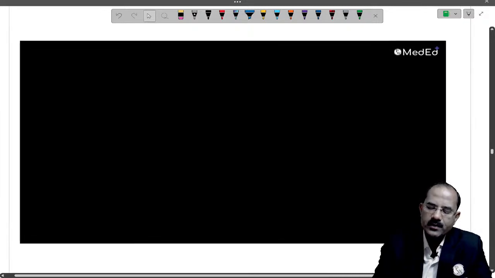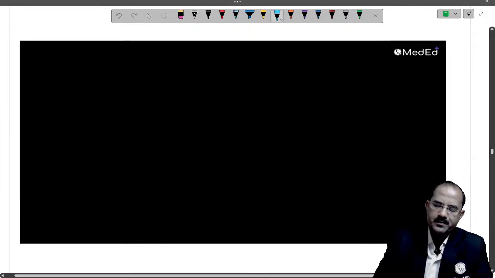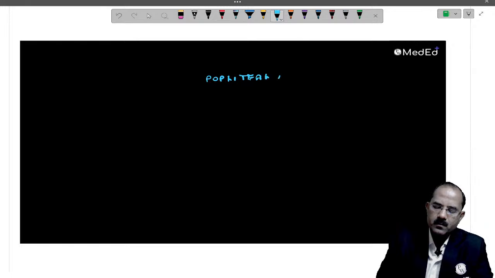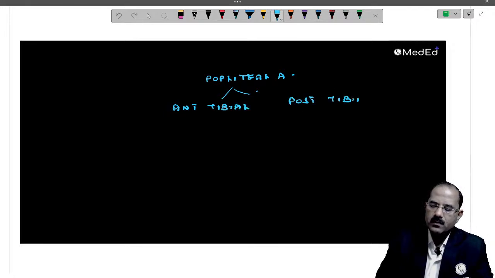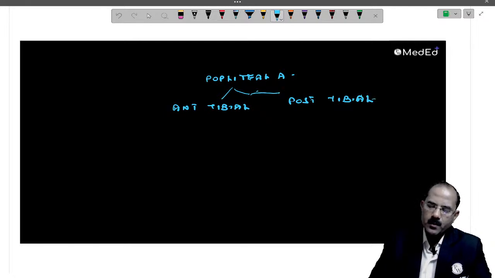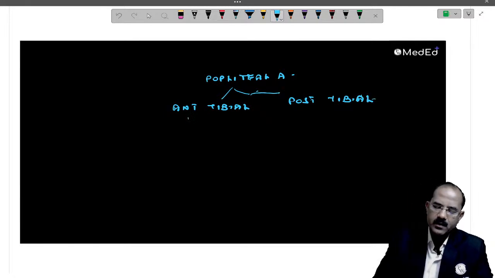Let me just tell you this. Look, bachcho, popliteal artery gives two main branches. One is anterior tibial and the other one is posterior tibial. Anterior tibial goes to the anterior compartment of the leg.